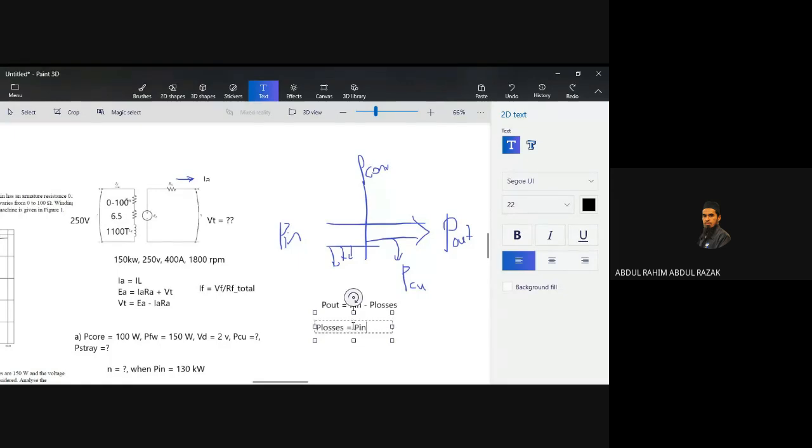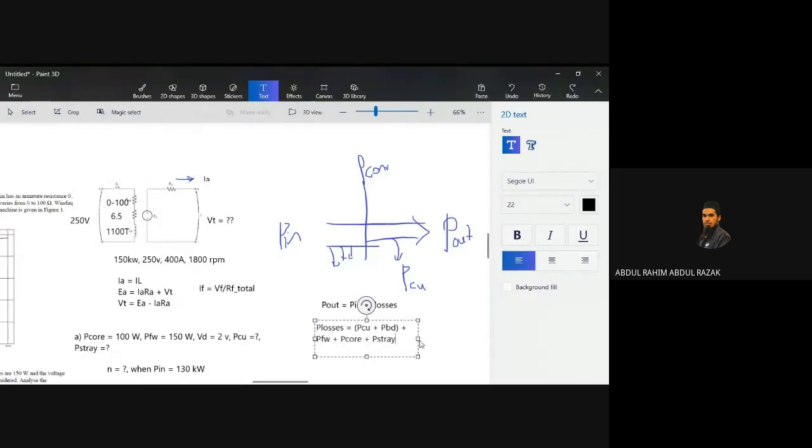minus, sorry, P losses is the sum of P copper, plus P brush drop, plus P friction windage, plus P core, plus P stray, S-T-R-A-Y.